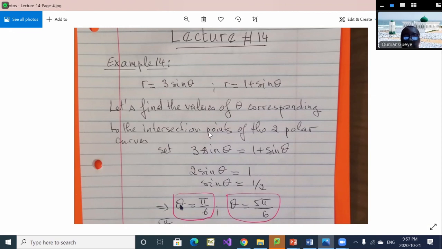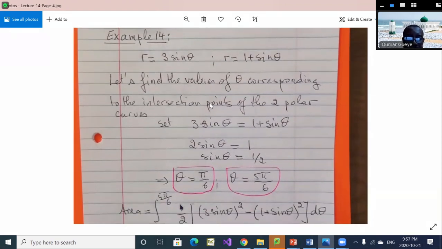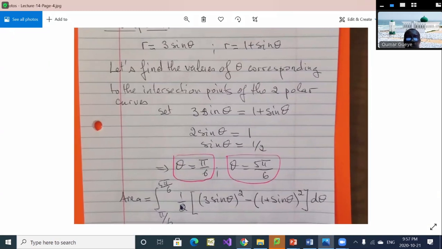So that's why 3 sine theta is going to be the first term inside the bracket based on the formula. So we'll get here the integral from pi by 6 to 5 pi by 6, 1 by 2. This is the greater function, you square it, minus the smallest function. So next we're going to expand these two brackets before calculating the integral.